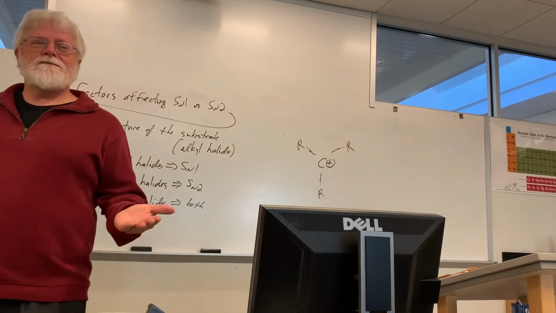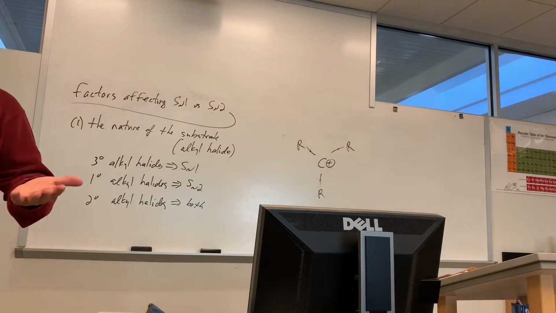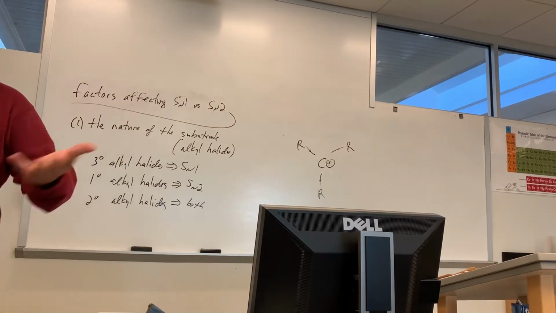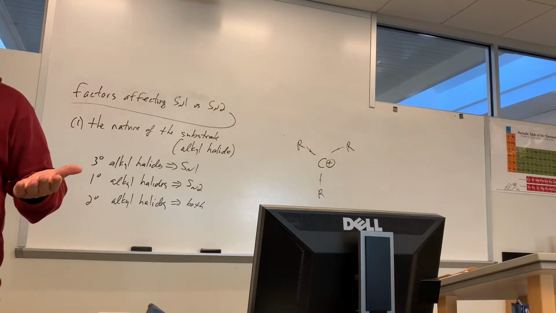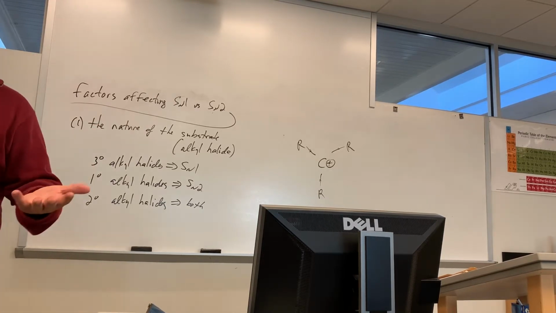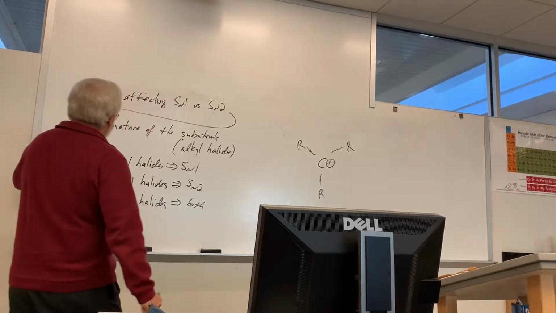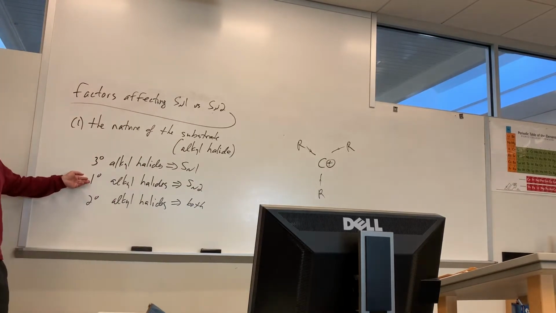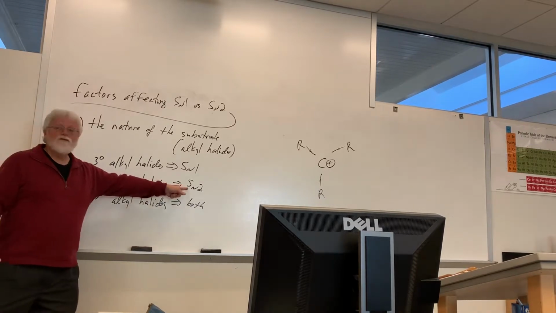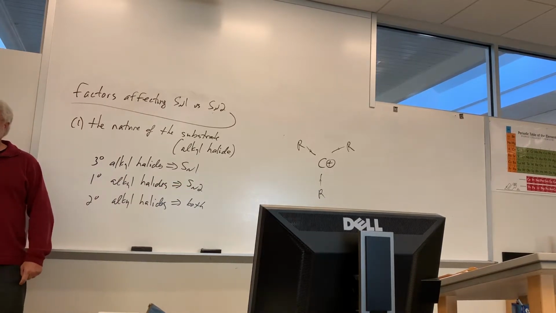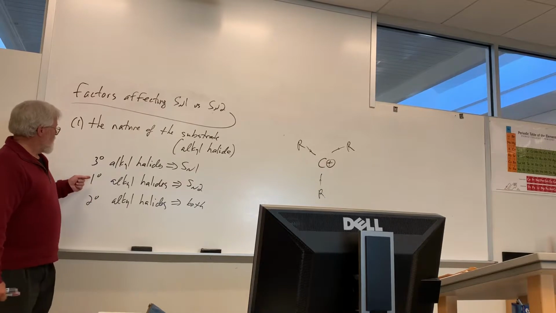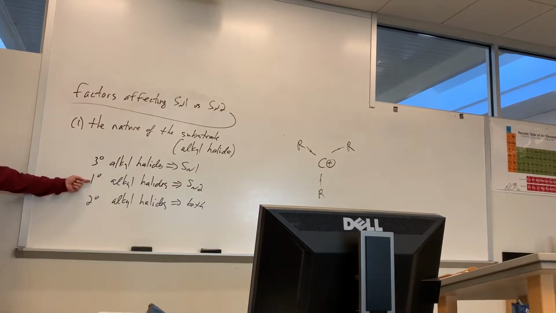There are basically two ways you can win a race. You think about it, SN1 versus SN2. Either you go faster or make the competition go slower. The lack of steric hindrance makes these guys do this faster. The relative inability of these guys to form a carbocation makes SN1 for these guys go slower.